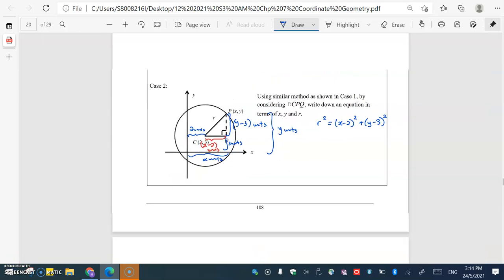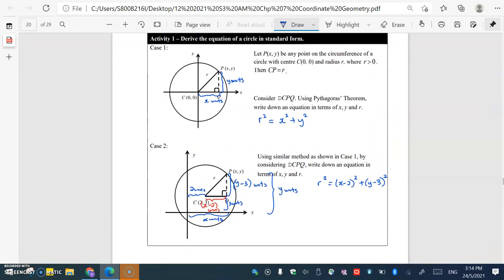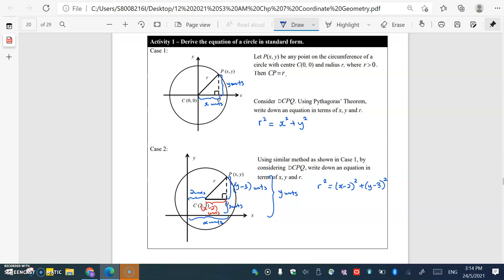Now let me shrink the page a little and do a comparison between case 1 and case 2. In case 1, we had a circle, and the circle had a radius CP. We can then say that the radius square is the same as the perpendicular height of the triangle that is formed, Y square, plus X square.